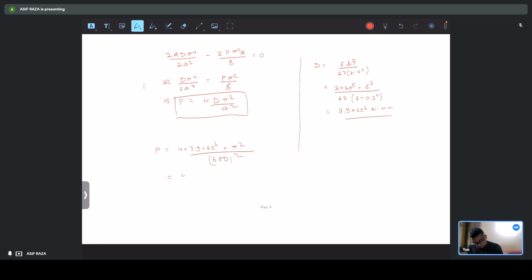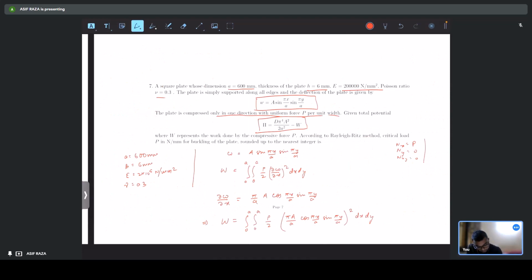So this is equal to 427.68, 427.683 Newton per mm. Then what I have to give is rounded up to the nearest integer.